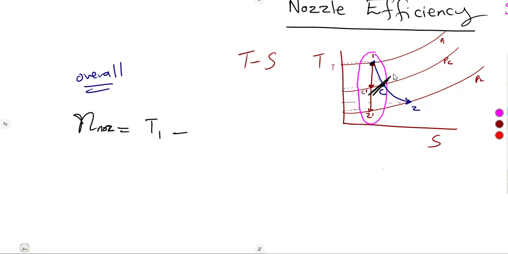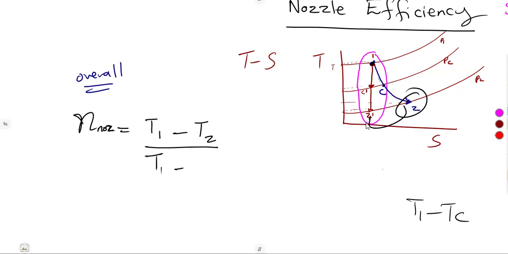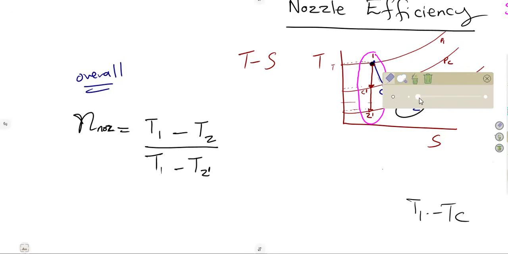It is no longer ending at the throat, like what we saw before, where it was T1 minus TC for the converging part. It ends at 2. So it will be T1 minus T2 over T1 minus T2 as the adiabatic value. That's it. We are done with this one.